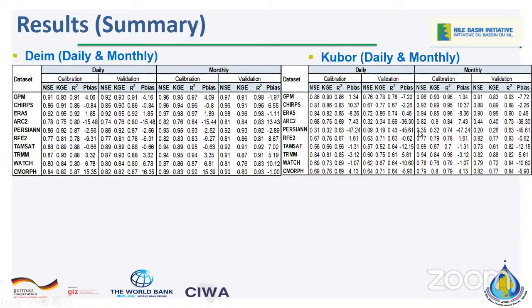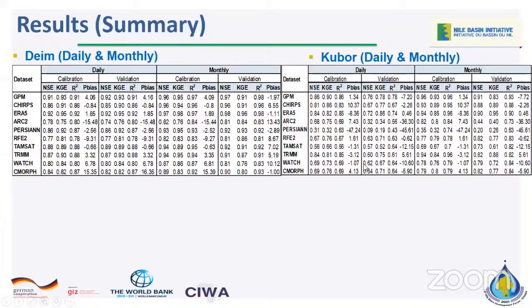As you can see here from these figures, I can say all 10 data sets achieved good to excellent hydrological performance, except Persian CDR. You can see here the value of NSE for Persian CDR is 0.31, which is poor performance.